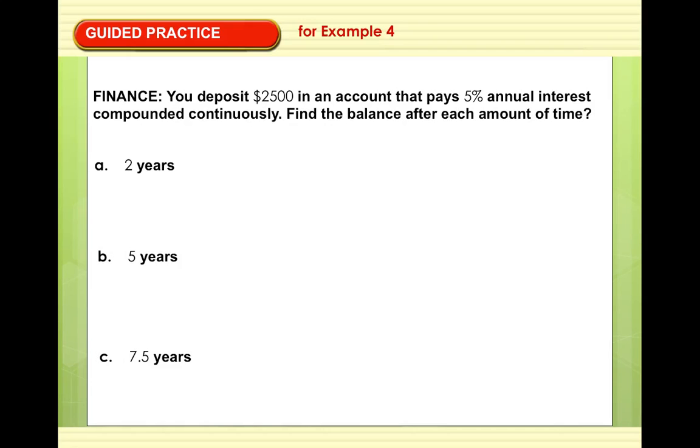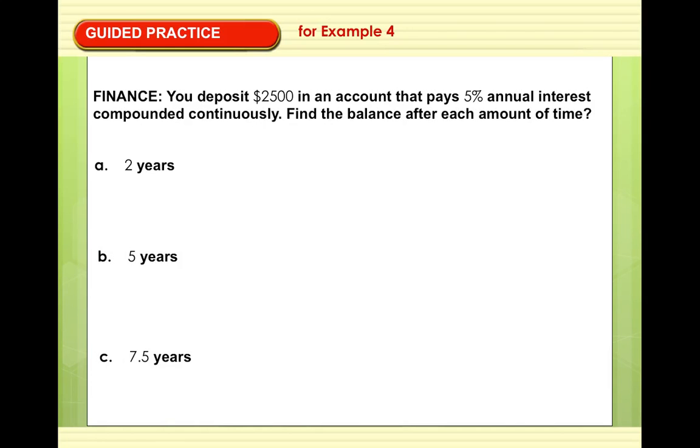All right, so we're depositing $2,500 in an account that pays 5% annual interest compounded continuously. So that tells us it's a PERT problem. We want to find the balance after 2 years, 5 years, and 7.5 years.